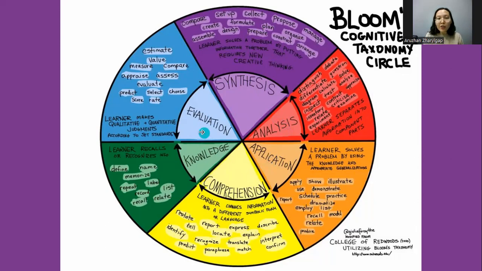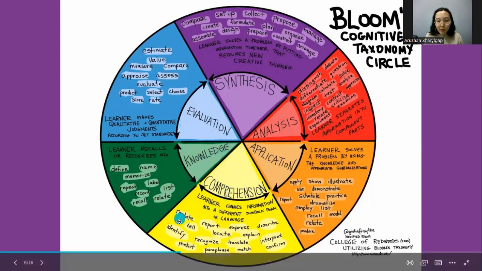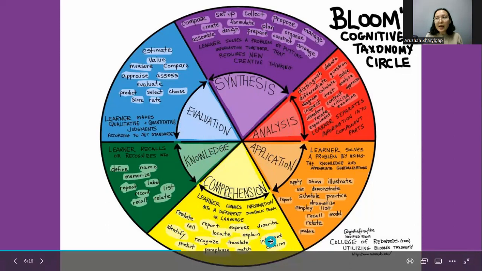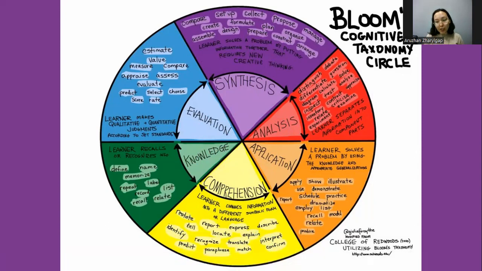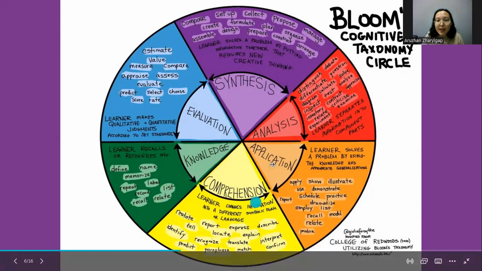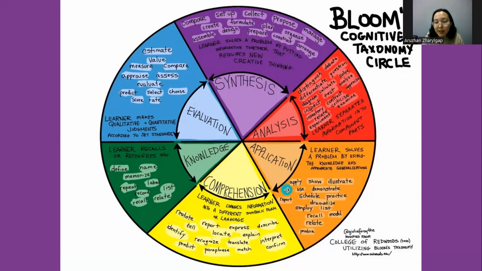And then, according to each broad skill, you can find some verbs that you can use. For example, let's say I am going to create a lesson objective for pre-intermediate students for the course about past simple and past continuous. I can take the application part and then choose the verb use, for example.